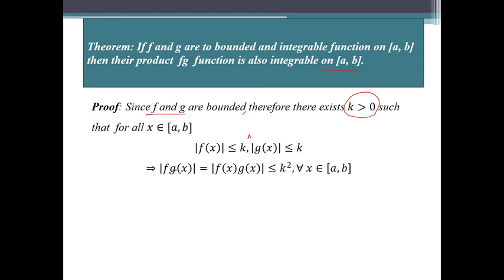This implies that mod of the product function is equal to mod f(x) into g(x), and because mod f(x) is less than k and mod g(x) is less than k, their product will be less than or equal to k square for all x in the closed interval [a, b]. This implies that the product function f into g is bounded. So if f and g are bounded, then their product function is also bounded.